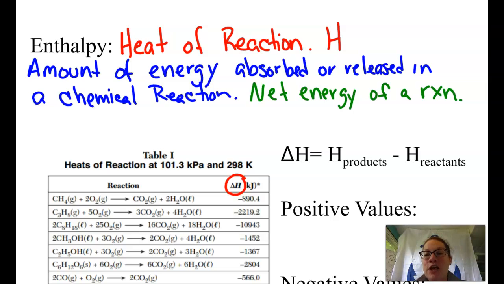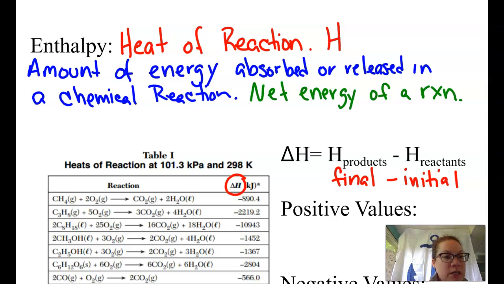So the potential energy that's stored in the bonds of the products would be like the final energy minus the amount of energy that was stored in the reactants, which is like the initial. So you should know that delta always means that there's a difference, and so it's usually final minus initial. Here we're going to say specifically products minus reactants.